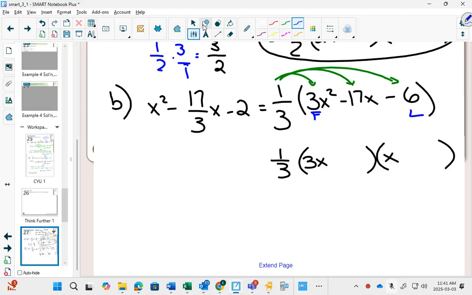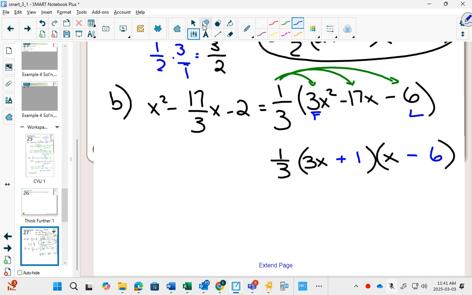Okay, 1 and 6. So if we do 1 and 6, you see your outside is 18, your inside is 1. Do 18 and 1 ever make 17? Yes. I need a -17, so I would need my outside to be -18, my inside to be +1. -18 plus 1 makes -17.